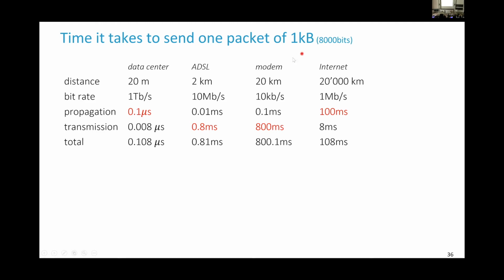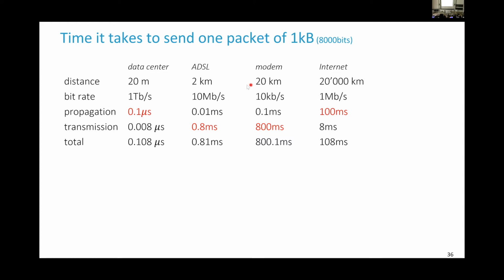I took this round number here. You see that it takes a fraction of a microsecond to propagate and much, much less to transmit the packet. So we see that data centers are in fact limited by the propagation time. Even though they are compact in space, the propagation time is not negligible.